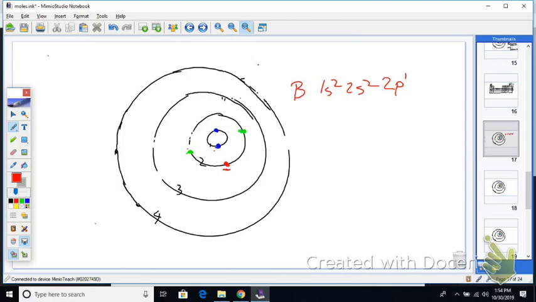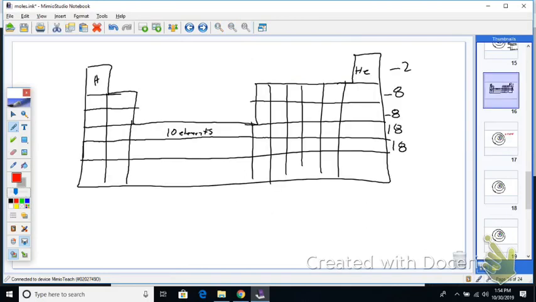Make sense? Okay. Now, if you notice on the periodic table, when I taught this earlier, this is lithium, beryllium, this is boron, and then we got carbon, and then nitrogen, oxygen, fluorine, neon.